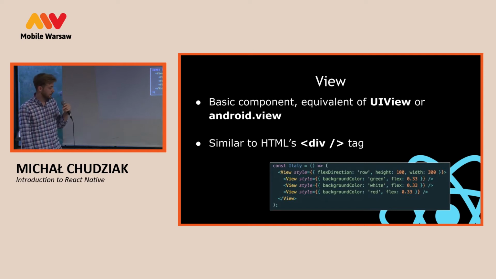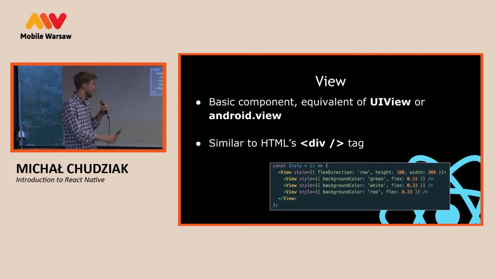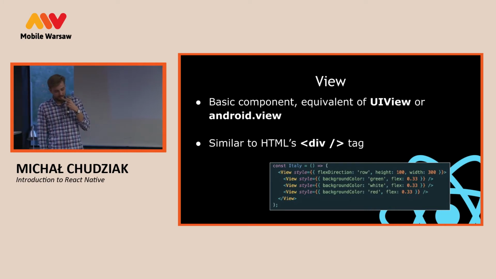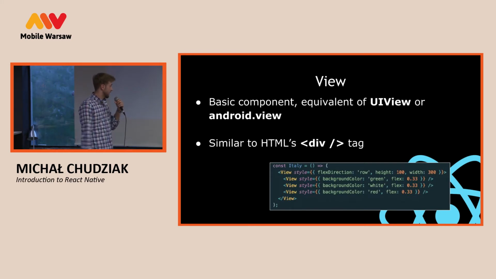So the first component I will talk about is View, which is the equivalent of UIView for iOS and View for Android platforms. It works very similar to HTML's div tag. So if you know a bit of HTML, then probably you already see what's going to be rendered.